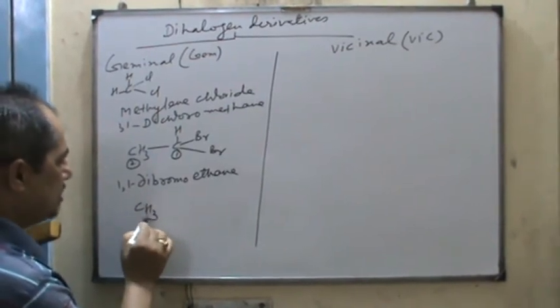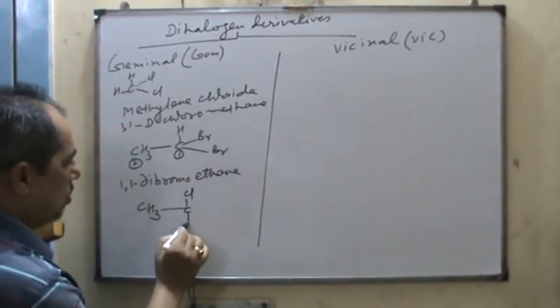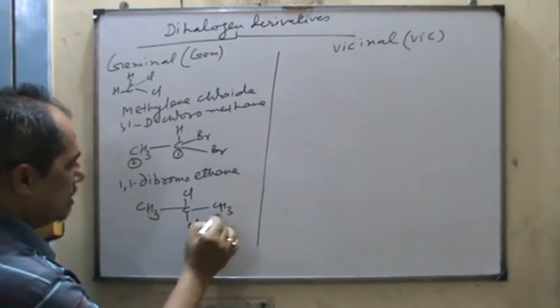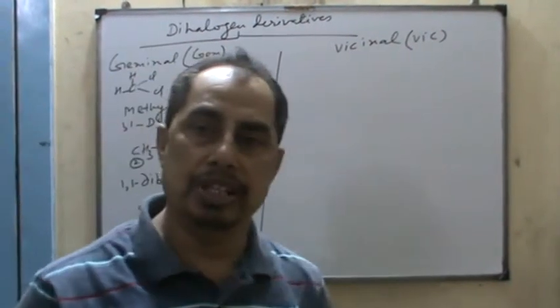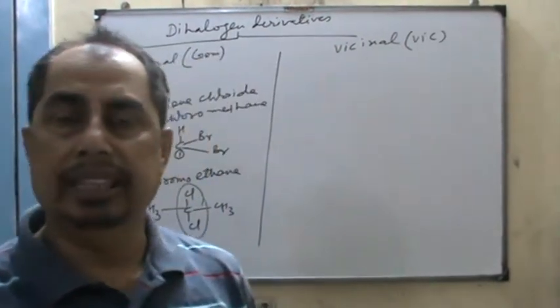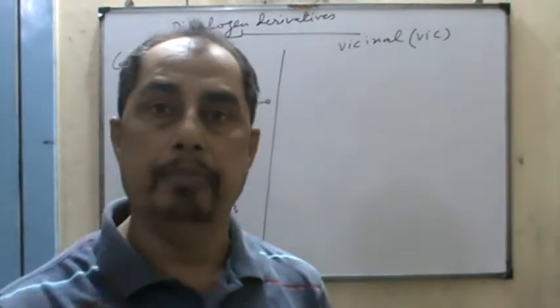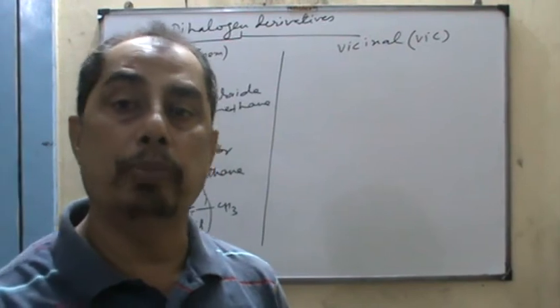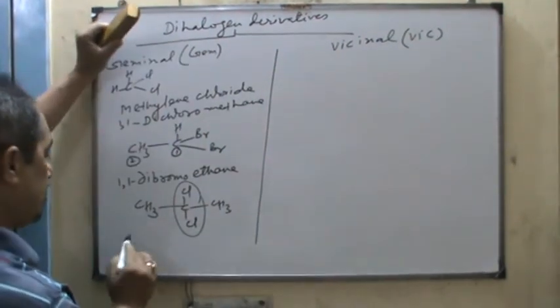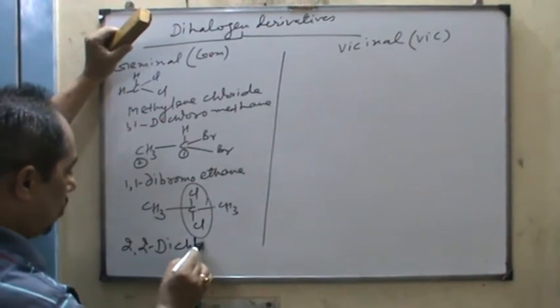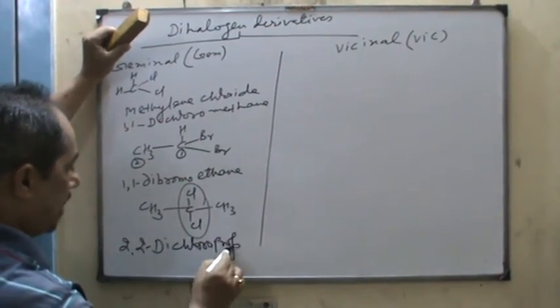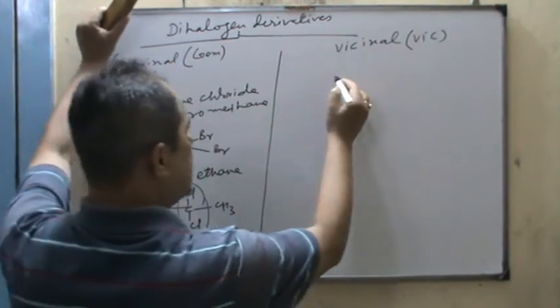If I say CH3, C chloro and CH3. Again, same carbon contains 2 similar halogens. So it is again geminal or gem. That is 2,2-dichloropropane. IUPAC system is 2 comma 2 dichloropropane.